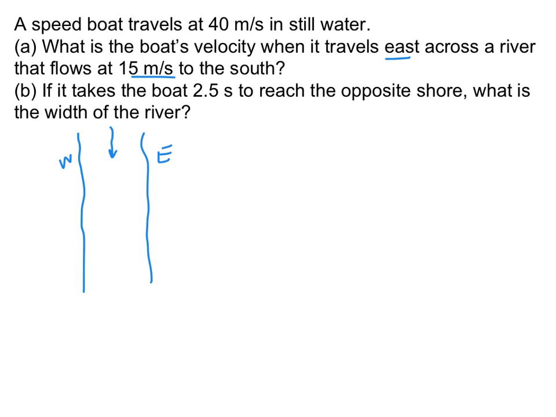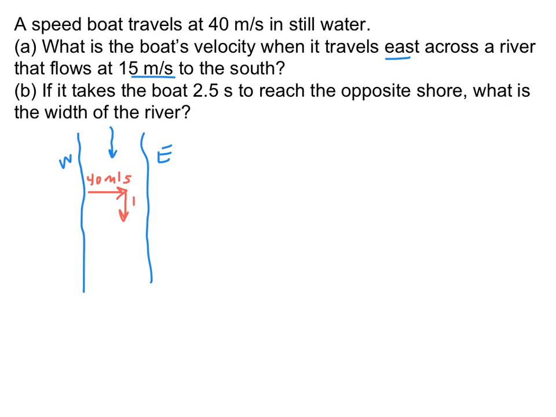All right, so we've got a sense of the directions here. Our boat is traveling this way, at 40 meters per second. To find its overall resultant velocity, we're going to add the velocity of the river, which is to the south. From the head of this first arrow, we'll draw the tail of the second.